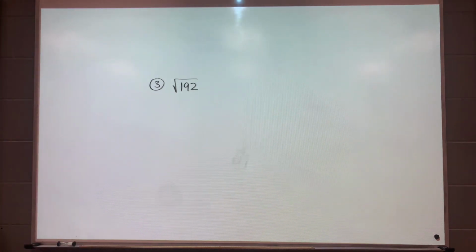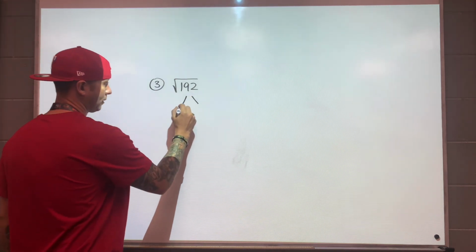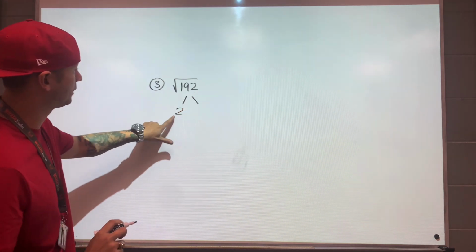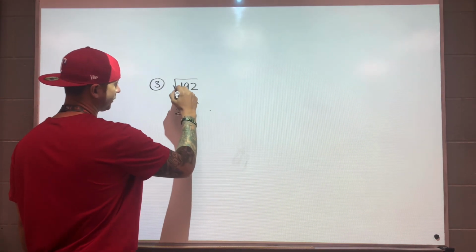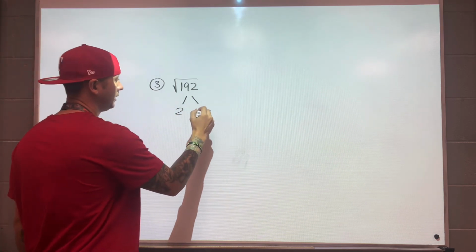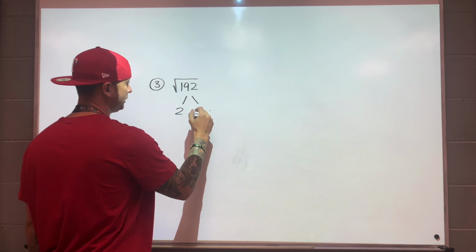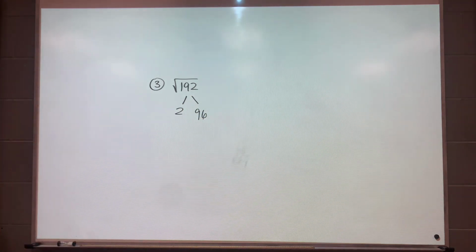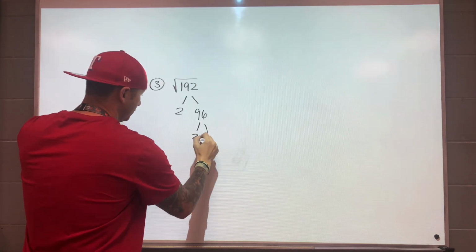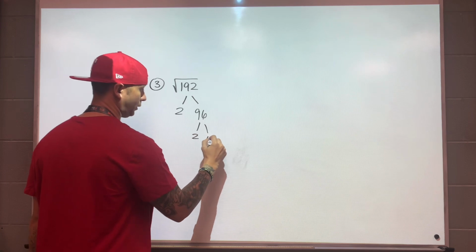All right, I'm going to factor this. So 2, it's an even number, so I'm dividing by 2. 2 goes into 19 9 times, right? 9 times 2 is 18, so 6. $45 plus 3, 48.